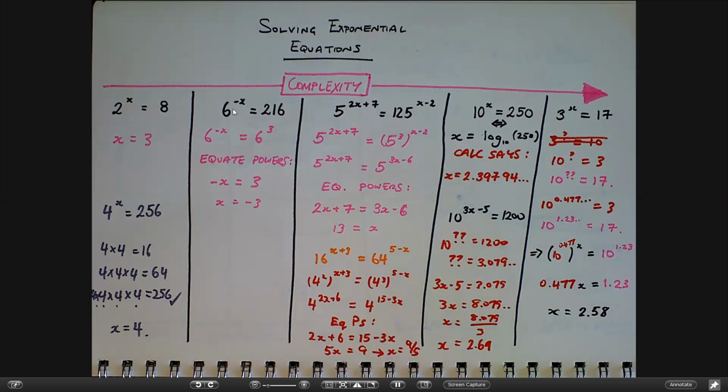Next step, can I write the right-hand side as the same base power as the left-hand side and then equate powers? If you can't do that, can I write both sides to the same power, regardless of whether it's one of the powers that's already there, like in this case, or in this case here, is there some lower power that we can put both bases to? Then I'm going to equate powers. Okay, no, I can't. My bases are too ugly on both sides.